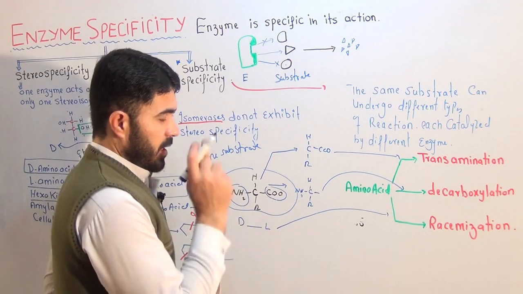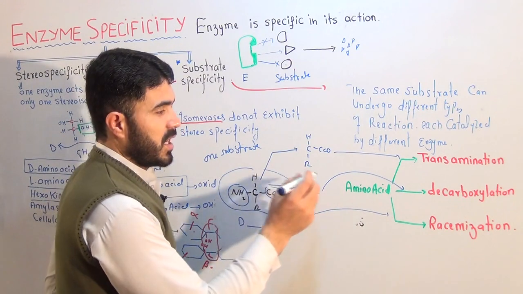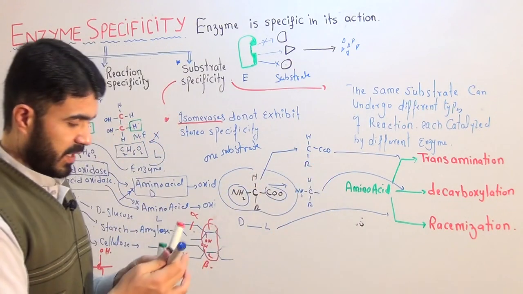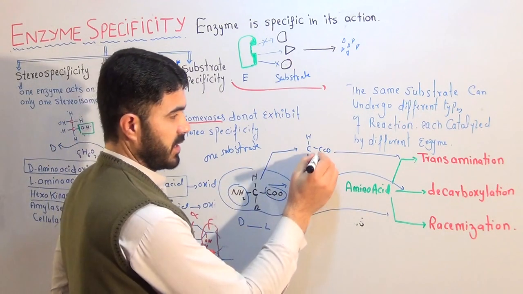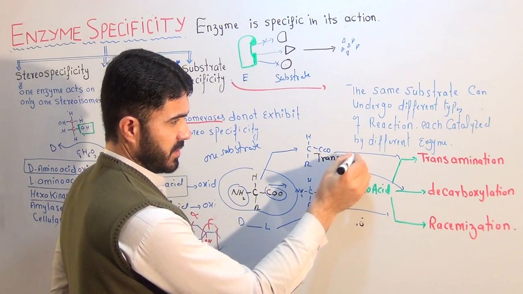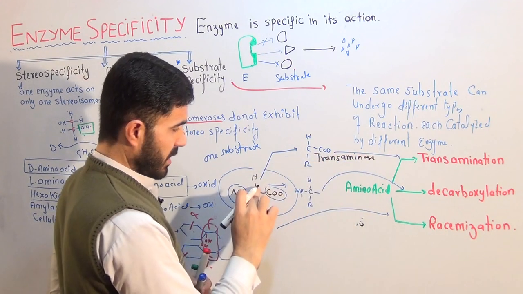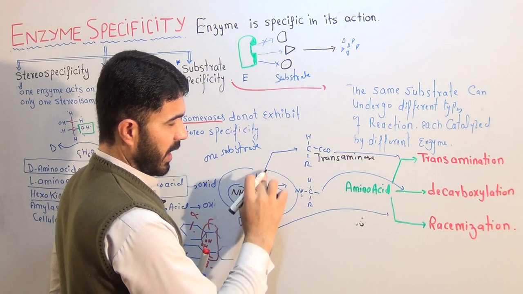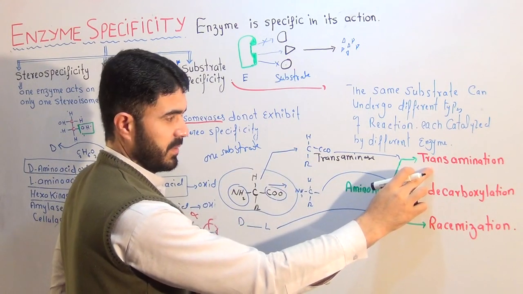If the enzyme is transaminase, then the amino acid will go on that path, under transamination.